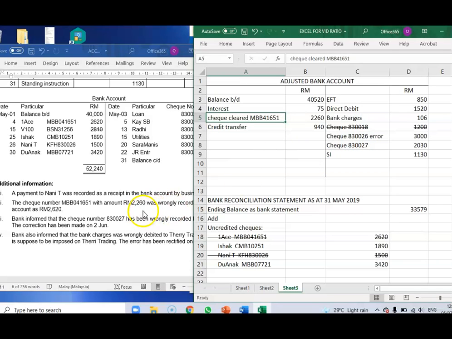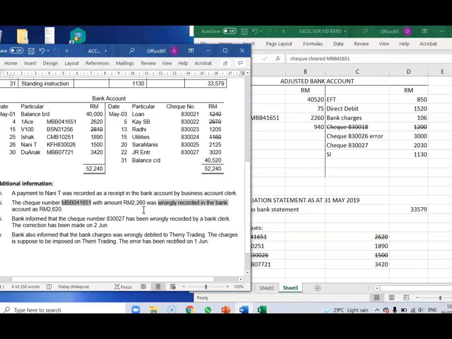Okay, and again, if we look into the questions, it says here the amount of 2260 was wrongly recorded. This kind of error needs a very thorough, a very careful time to think, whether it is understated, or overstated.